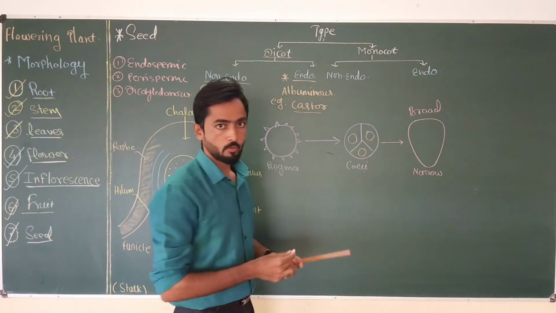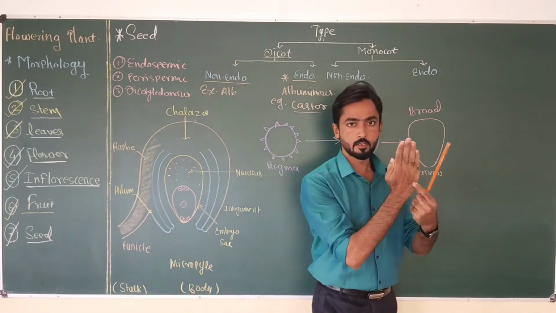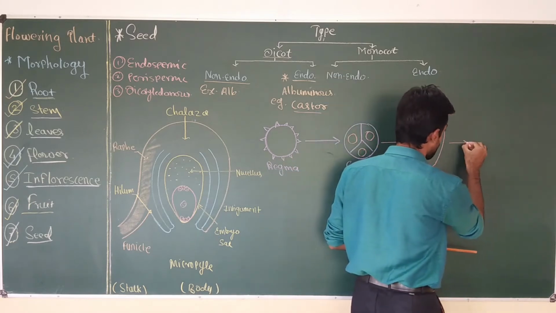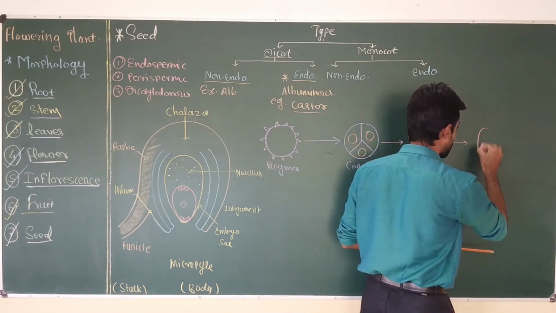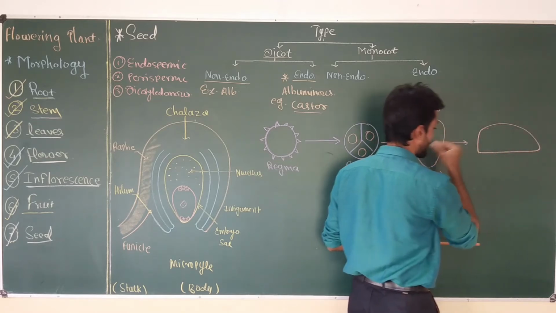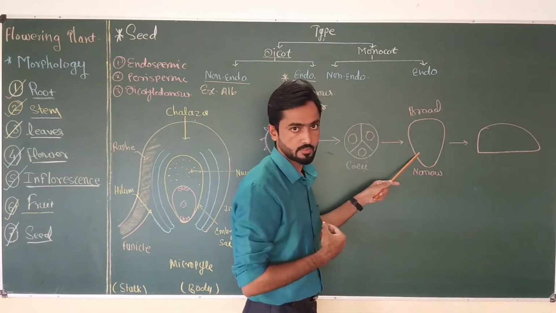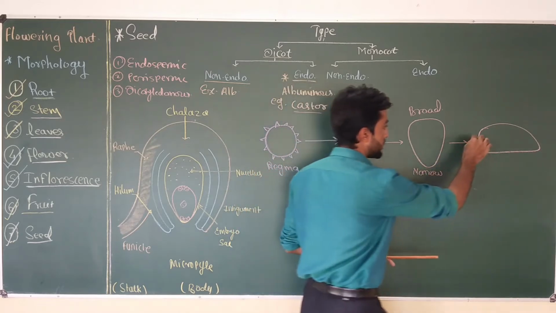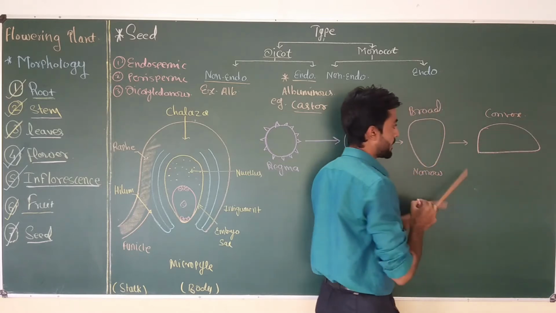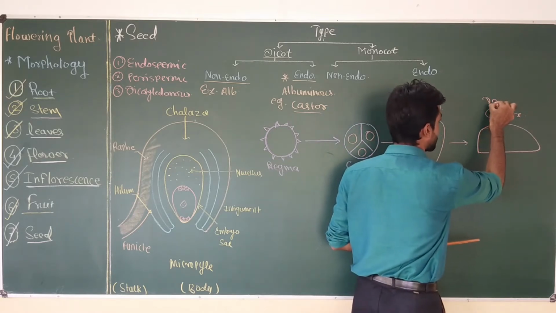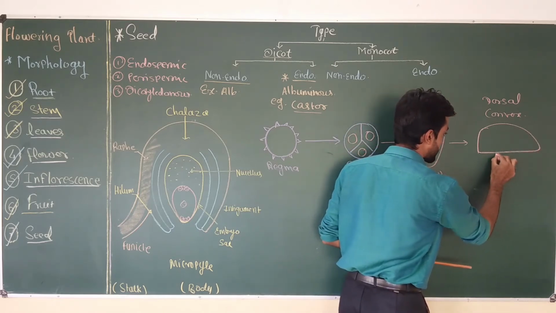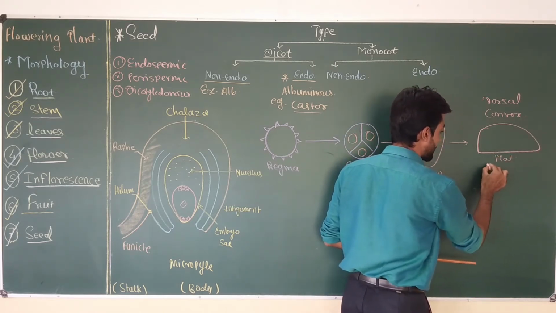Okay, and when we observe this seed from the side, then you can find two different surfaces. Okay, so this is the side view of the seed. Now one of the sides is convex or rounded, it is called the dorsal side, while the other side is flat and it is the ventral side.